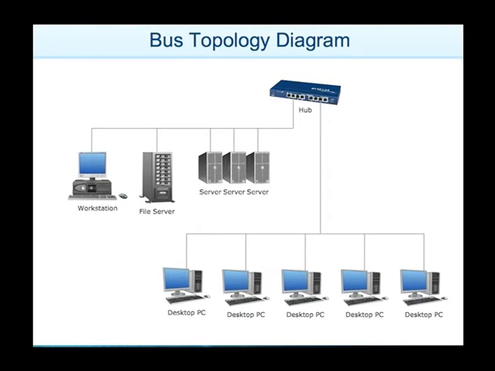Bus networks use a common backbone to connect all devices. A device wanting to communicate with another device on the network sends a broadcast message onto the wire that all other devices see, but only the intended recipient actually accepts and processes the message, as you can see in figure 1, which is the bus topology.